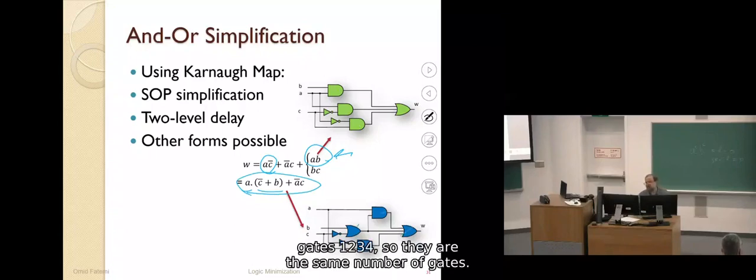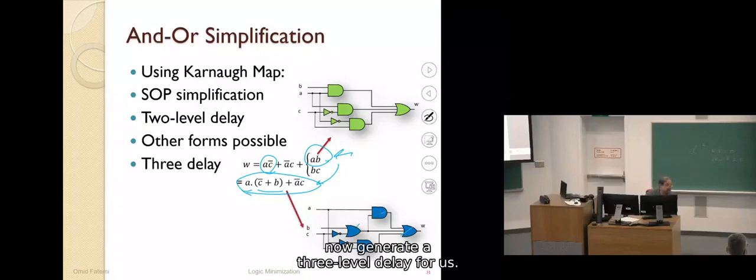So they are the same number of gates. This simplification didn't help us in reducing the number of gates. And also, it has a very bad thing here. I will show you. Even if we change this to this statement, it now generates a 3-level delay for us.